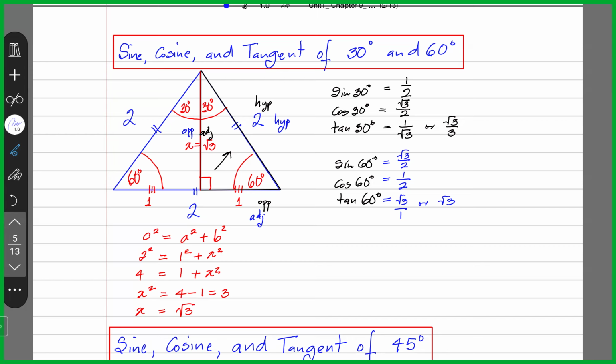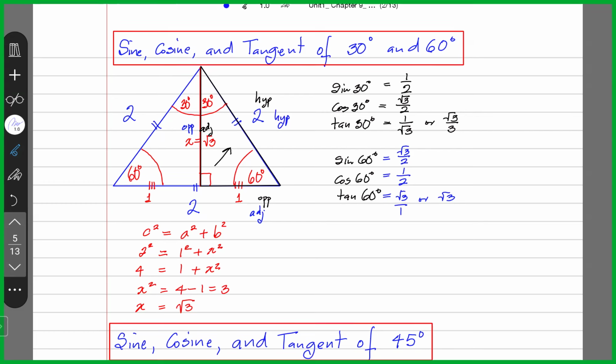Now, you need to be able to have this diagram in your mind's eye if necessary. So if someone asks you what the sine or cosine or tangent of 30 degrees or 60 degrees is, you need to bring up this diagram in your mind and then be able to say what the value is.